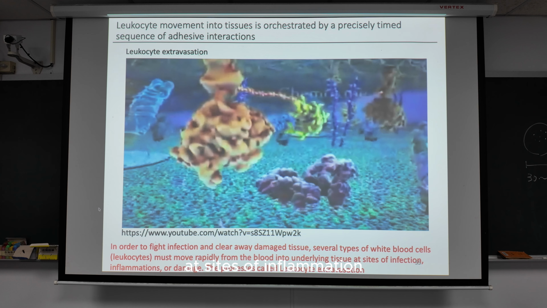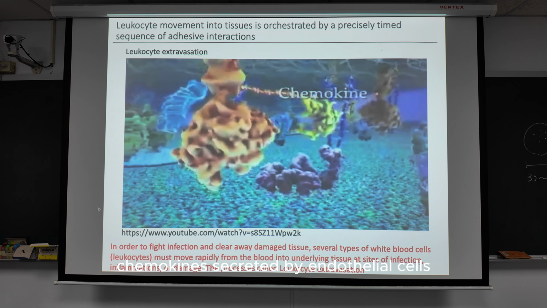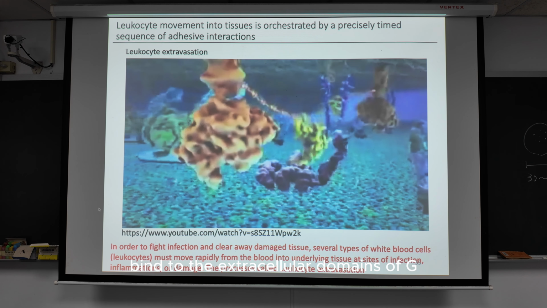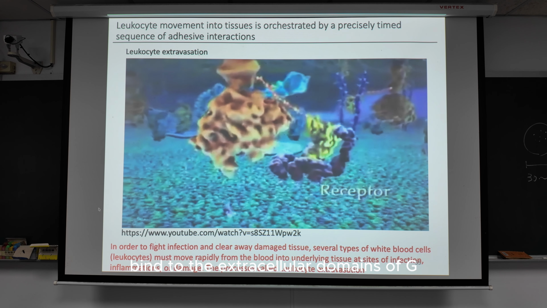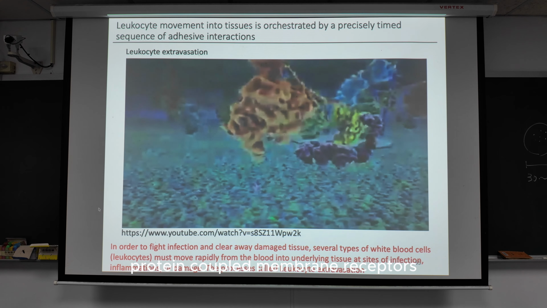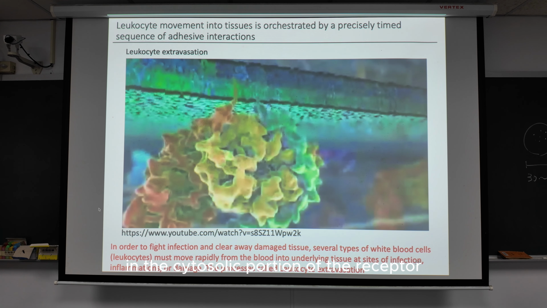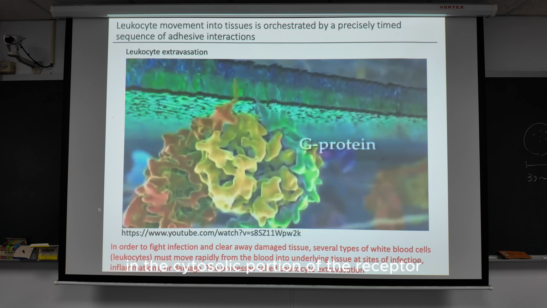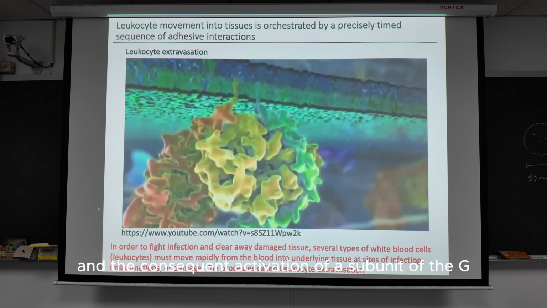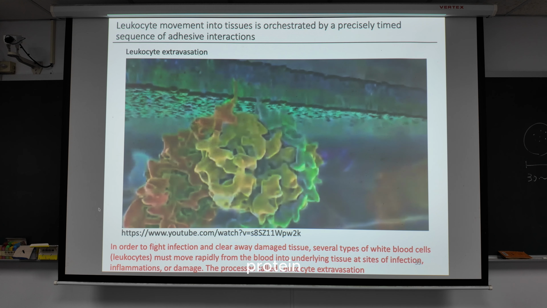At sites of inflammation, chemokines secreted by endothelial cells bind to the extracellular domains of G-protein-coupled membrane receptors. This binding causes a conformational change in the cytosolic portion of the receptor, and the consequent activation of a subunit of the G-protein.